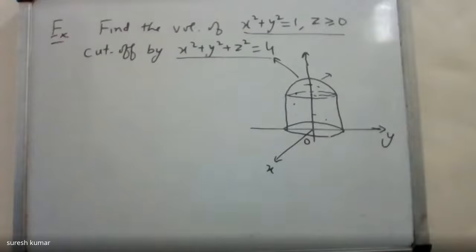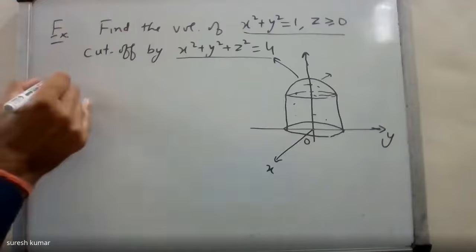How can we do this problem? We can use spherical coordinates, cylindrical coordinates, and Cartesian coordinates as well. Okay, let's do this problem in two ways, using spherical coordinates and cylindrical coordinates. So first let's talk about spherical coordinates.